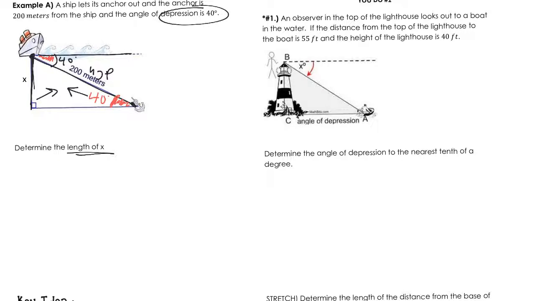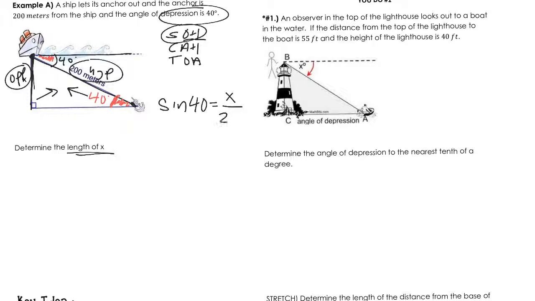Across from the 40 is the opposite side, which is X. So think about SOHCAHTOA. Opposite and hypotenuse goes with sine. So this is sine 40 degrees equals opposite over hypotenuse, so equals X over 200.